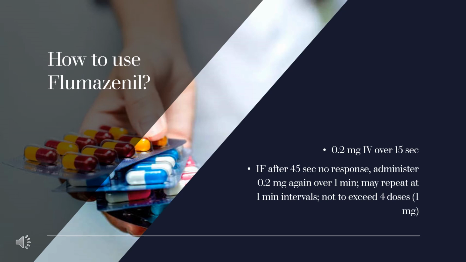Benzodiazepine overdose. 0.2 mg over 15 to 30 seconds. If no response after 30 seconds, administer 0.3 mg over 30 seconds 1 minute later. If no response, repeat dose of 0.5 mg over 30 seconds at 1 minute intervals to max cumulative dose of 3 mg per hour.